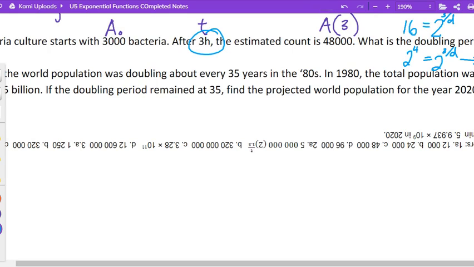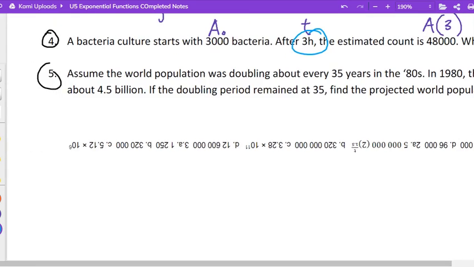Okay, pause. Do you know what we're talking about? What is it? Doubling time. So if a bacteria culture starts with 3,000 bacteria, after how much time is there 6,000 bacteria?